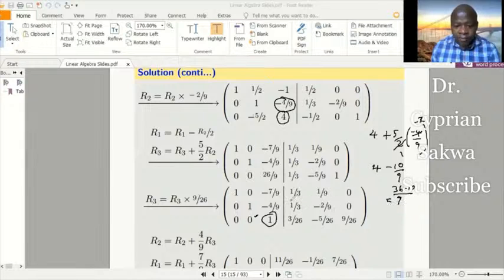Which one was that? Yes, that 26/9 here. I think I was pointing at a different value. It's this 26/9.